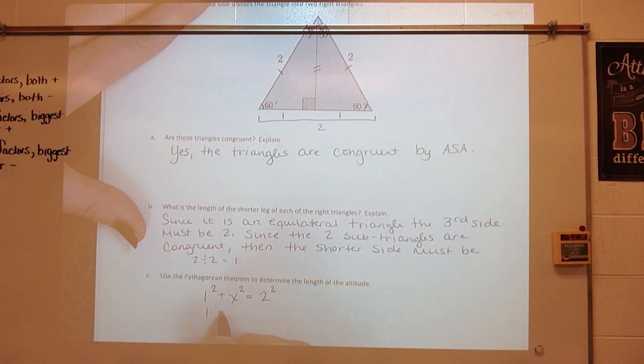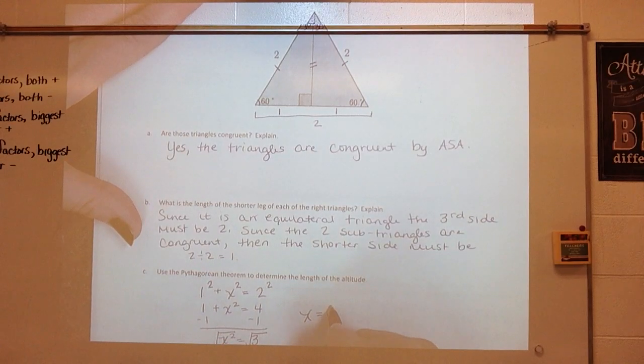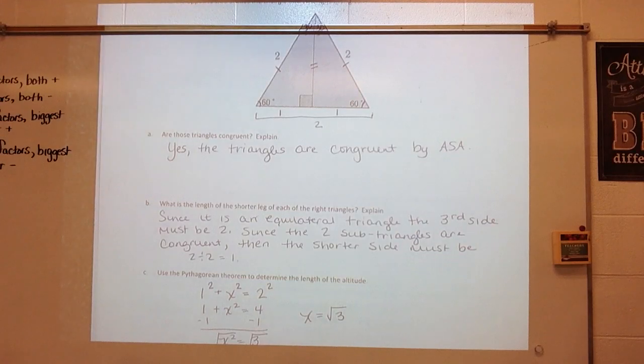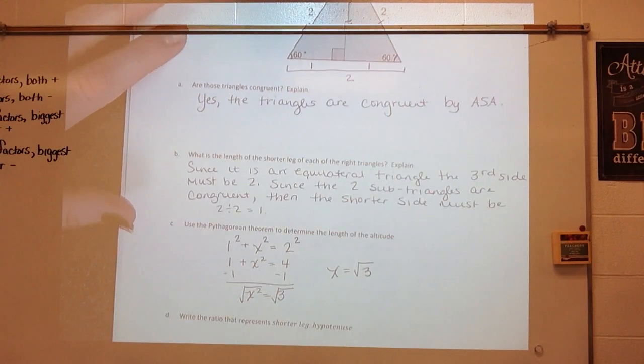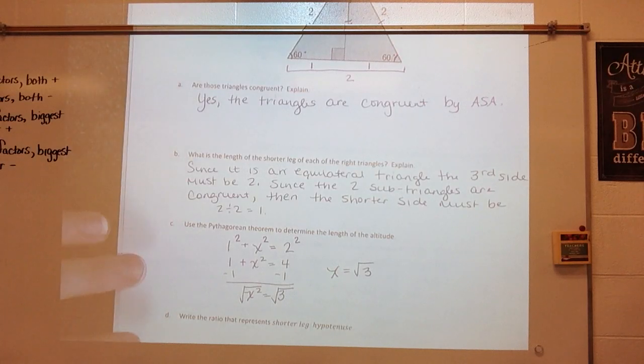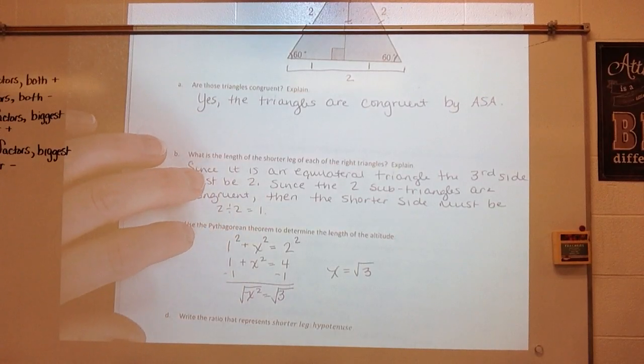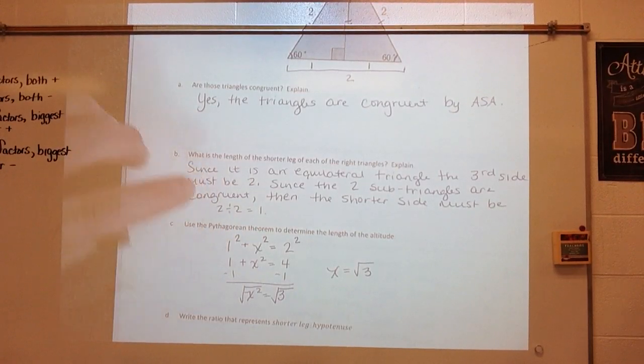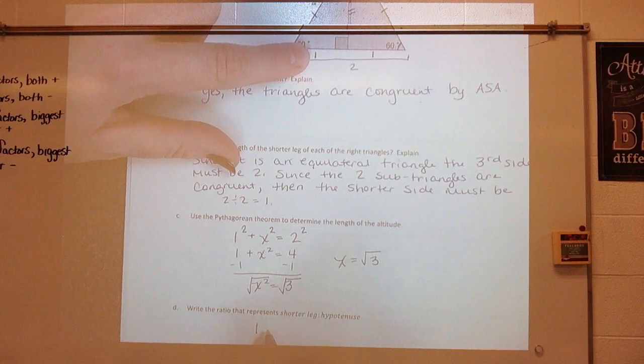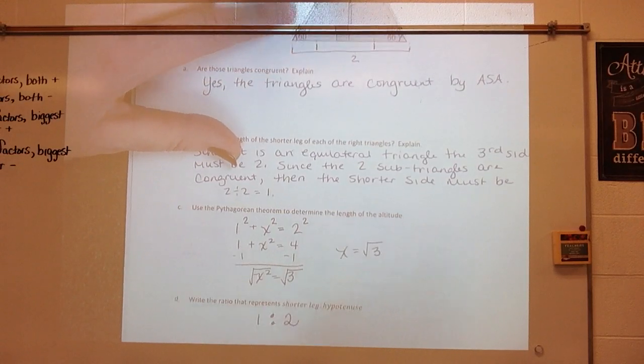So I have 1 plus x squared is equal to 4. Subtract 1, x squared is equal to 3. So x would be equal to the square root of 3. So the other side has a length of square root of 3. Write a ratio that represents the shorter leg to the hypotenuse. Alright, well the shorter leg is 1 and the hypotenuse is 2.